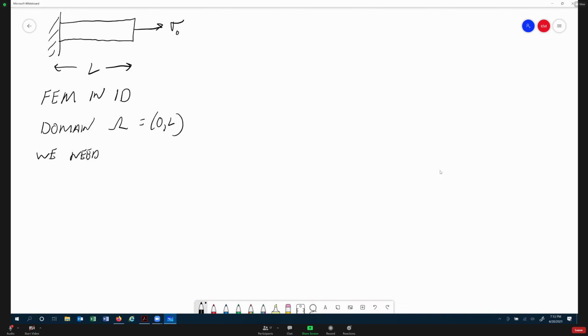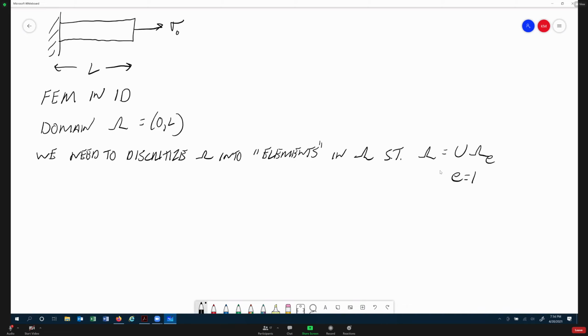We need to discretize omega into elements, such that omega is equal to the union of these omega subset E, where E is equal to 1 up to the number of elements. All this means is we have to discretize the whole thing.